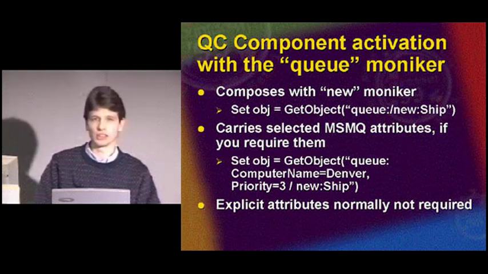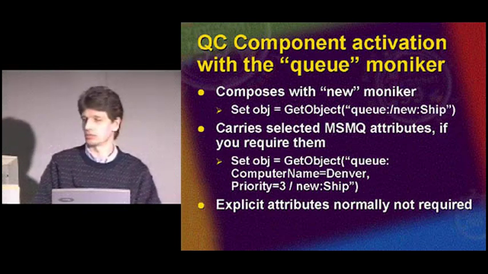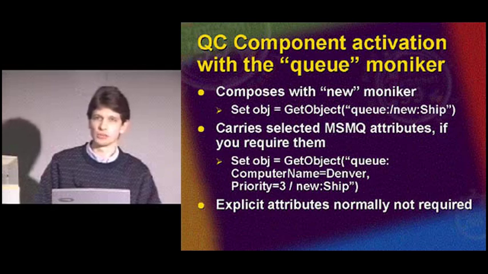So you can override the default MSMQ attributes. There are also some QC-specific attributes, like the computer name, which affect the destination queue of the object. Explicit attributes are not normally required, so the default attributes you get by just using the queue and new monikers together is probably all you would need for most circumstances.